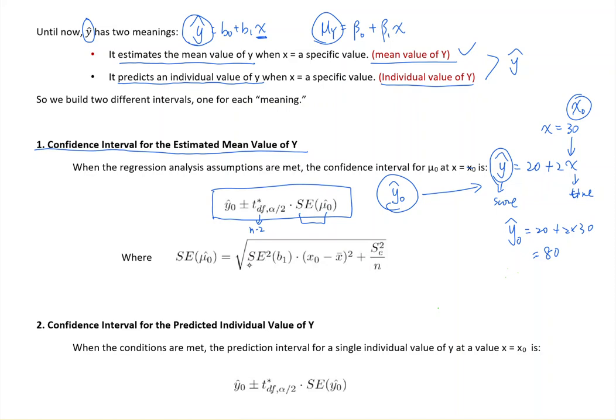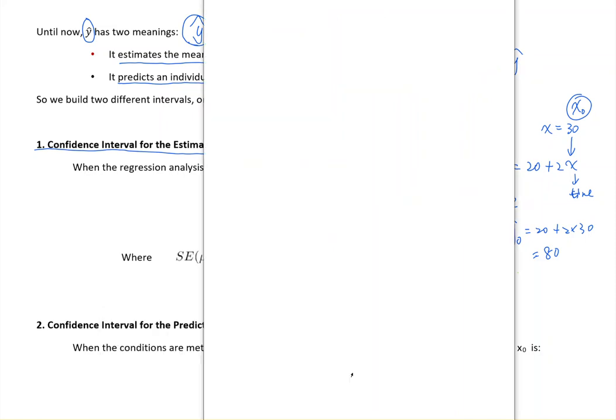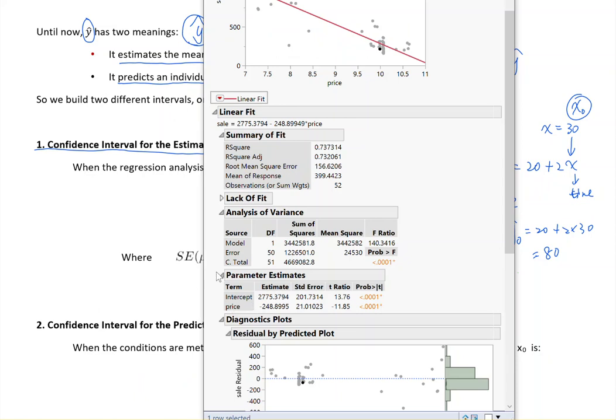Let's figure out each one. What is this standard error of b1? Do you still remember how to find it? We have the output, the parameter estimates table. The first row is about beta 0. The next part is about beta 1. You have the estimate for beta 1, which is b1, and then you have the standard error of b1, which is 21.01.